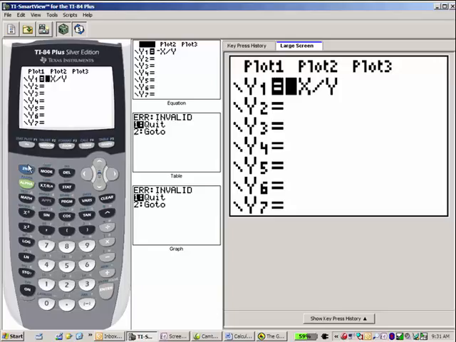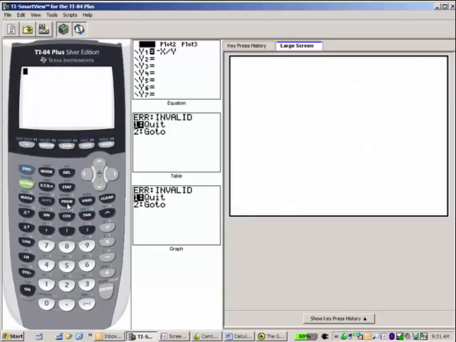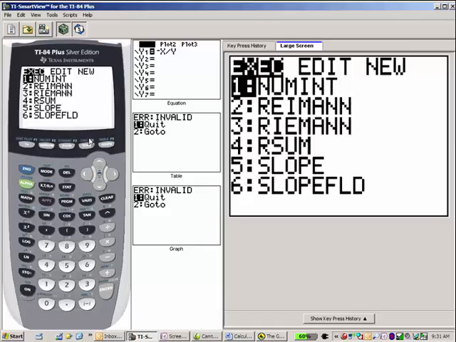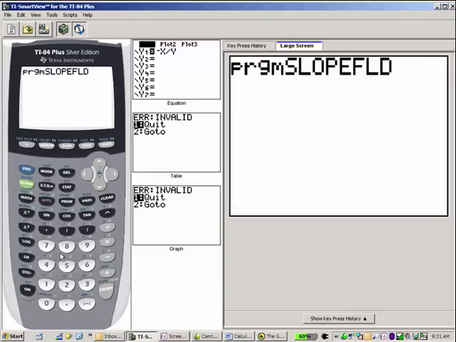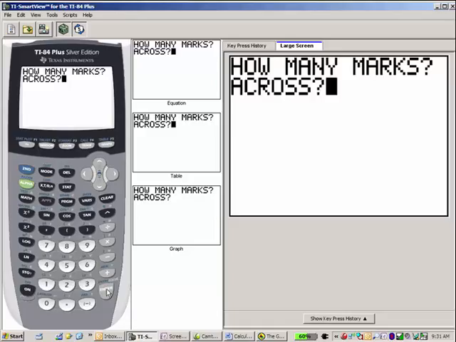But if we go to second quit, go to the home screen, and we go to our programs, and you're going to do 6, which is slope FLD. All right, so if you select slope field, it's going to ask you how many marks, how many little slope lines, you want going across and going up and down.